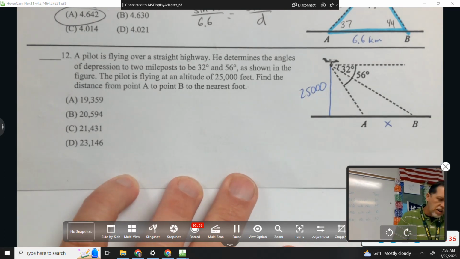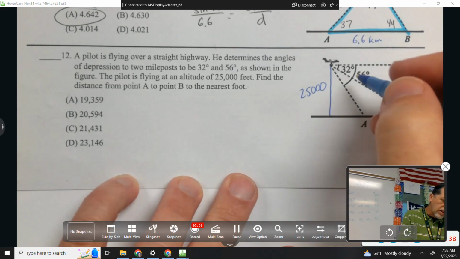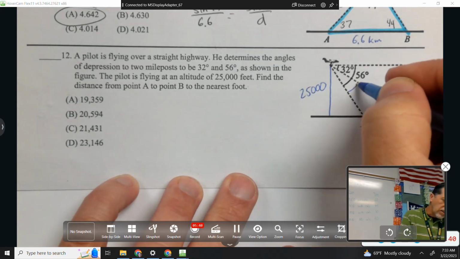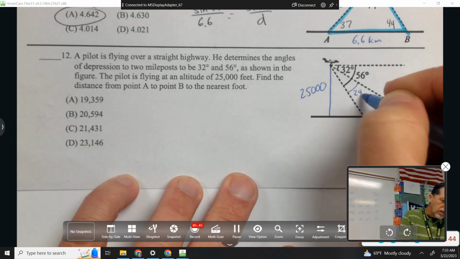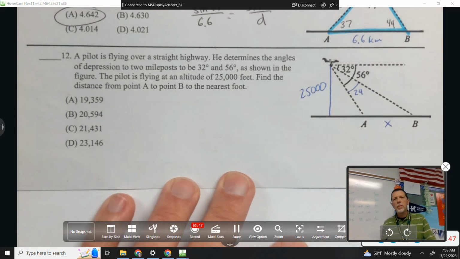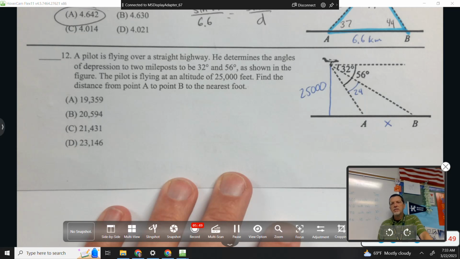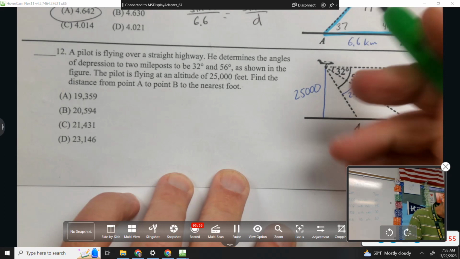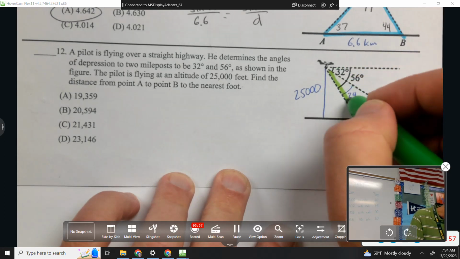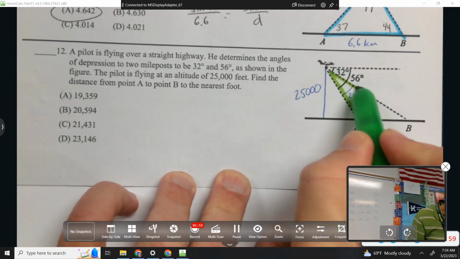Okay, let's see here. So this angle would be 56 minus 32, 24, but that doesn't help yet because I don't have a distance in that triangle. The side I'm looking for is in this triangle.